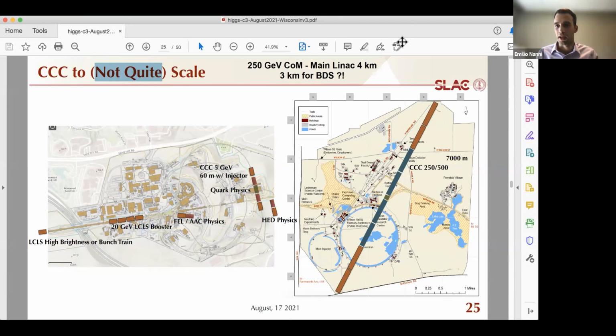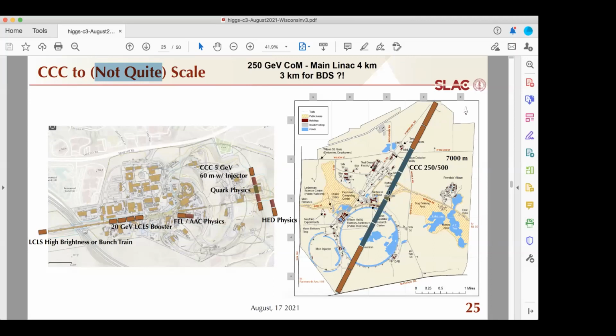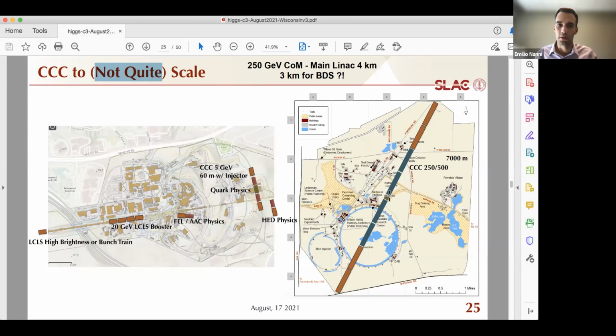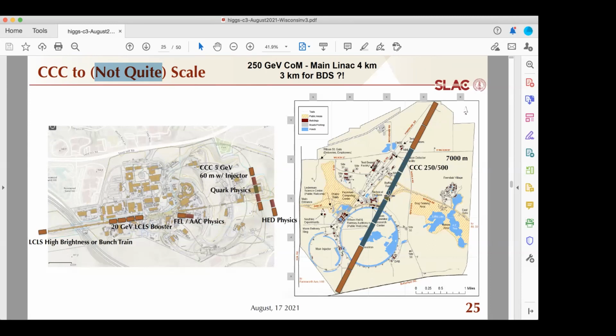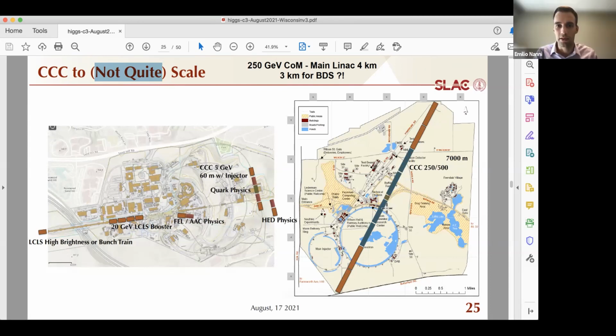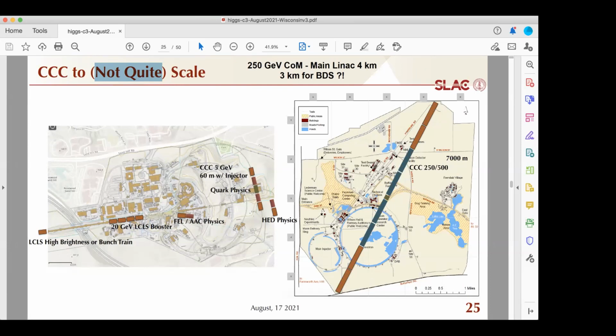But I do think it would make sense to position it. The problem with the 7-kilometer version here is that it only really fits in one orientation, and maybe not one that makes sense for multi-TeV. Certainly we should consider off-site locations and longer machines. Do the Fermilab folks know if these are really the boundaries of the site or only the fenced-in boundaries? Does the property extend any further? I think we have to investigate that and get back to you.